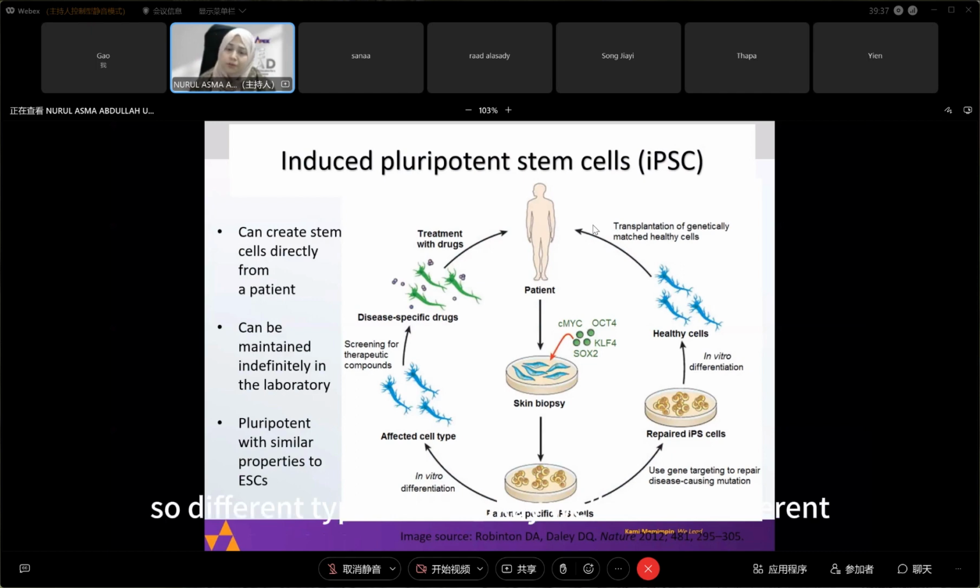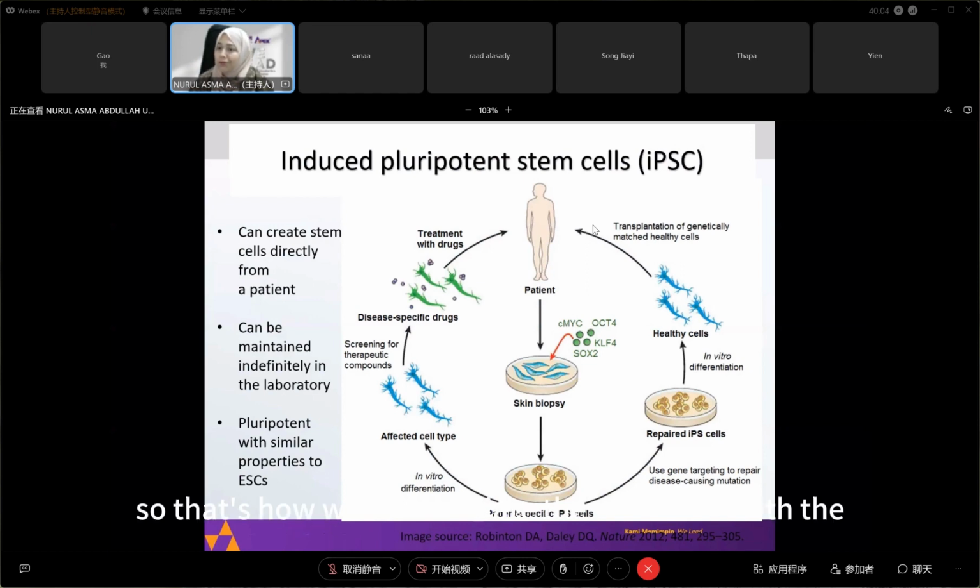Different types of cells will have different markers, growth factors, or transcription factors expressed by the cells. So the easiest way to characterize a cell is by looking at the factors or markers expressed at the surface of the cells.